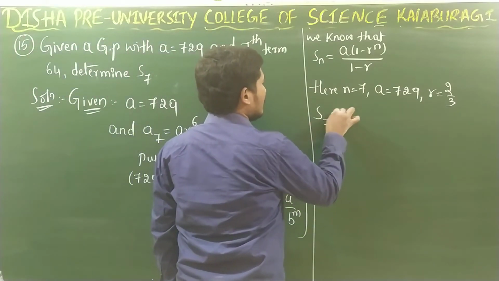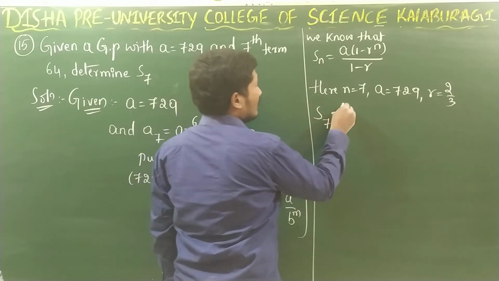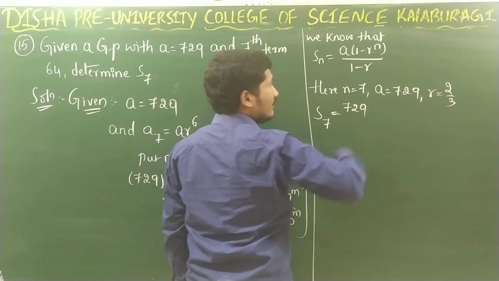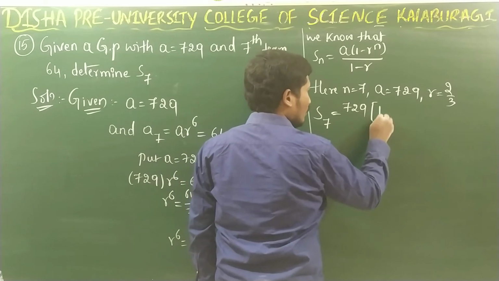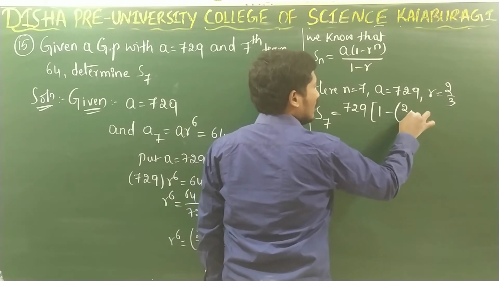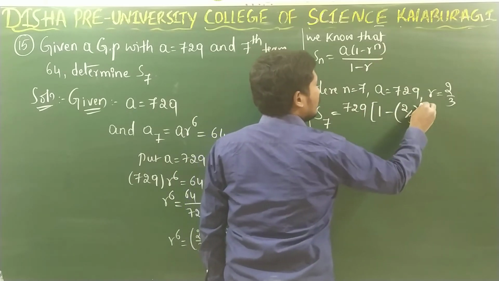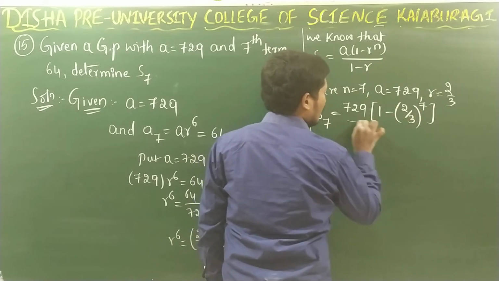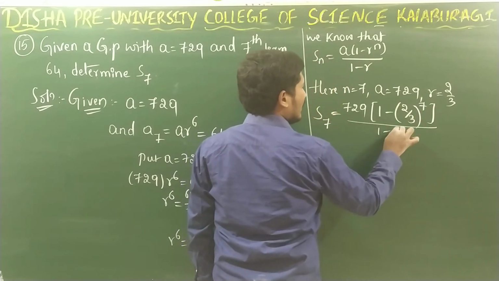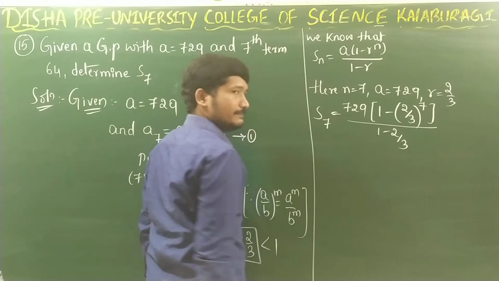S7 is equal to 729 into 1 minus r to the power n, where r is 2 by 3 and n is again 7, whole divided by 1 minus 2 divided by 3.